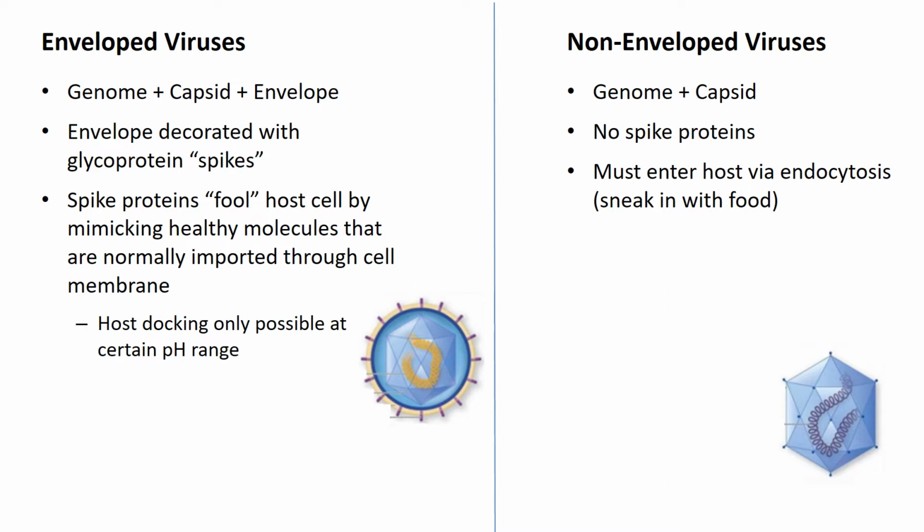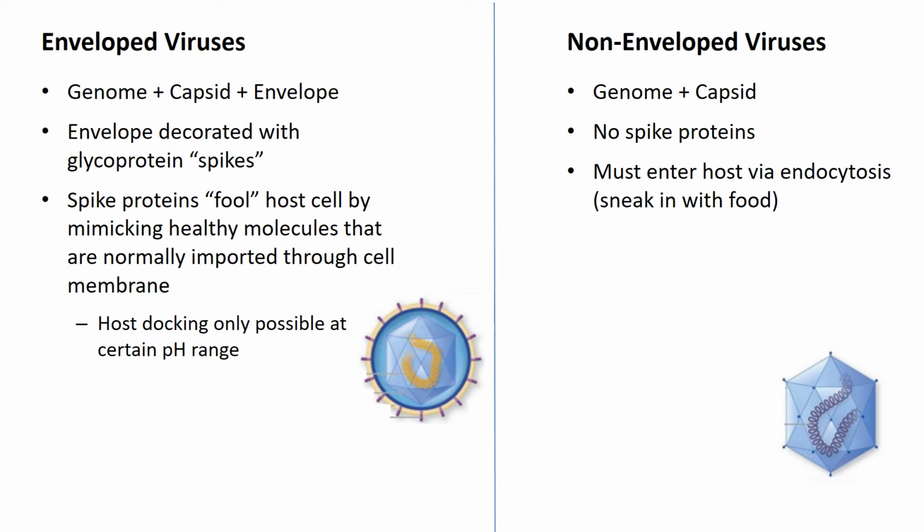And this is influenced heavily by the pH of that environment outside of the cell. But once these spike proteins dock, then the cell membrane imports the virus.